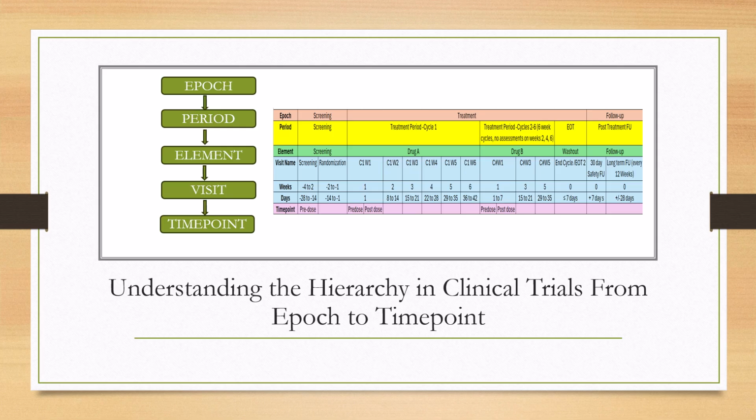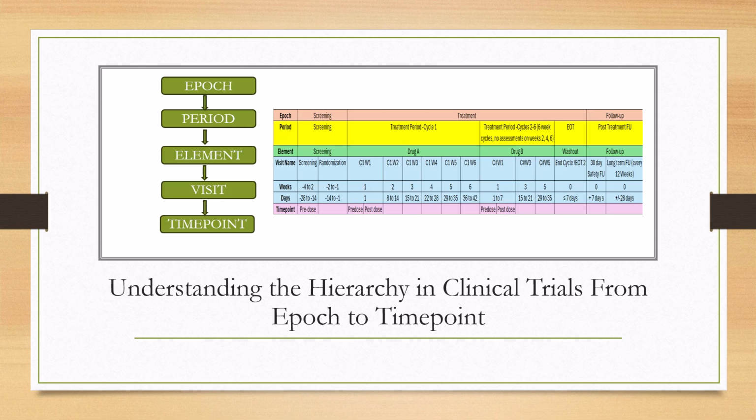Then it will mark the start of follow-up, which is, first, a 30-day safety follow-up, then there will be a long-term follow-up which will last till 12 weeks. So both these visits come under the follow-up element. So you can see that in this way, what we have done is we have categorized the visit num into screening, drug A, drug B, washout, and follow-up elements here.